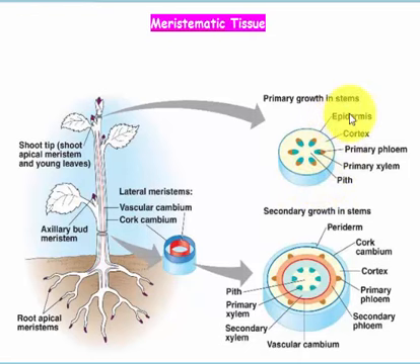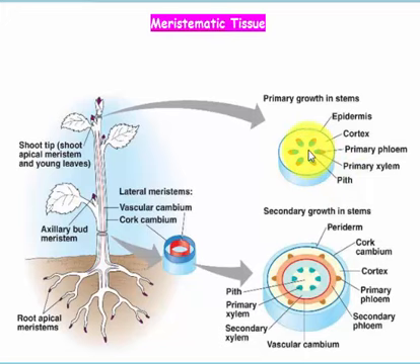Procambium develops into primary phloem and primary xylem, and produces the lateral meristems. In roots, the procambium also gives rise to the pericycle, which produces lateral roots in dicots. Ground meristem develops into the cortex and pith.